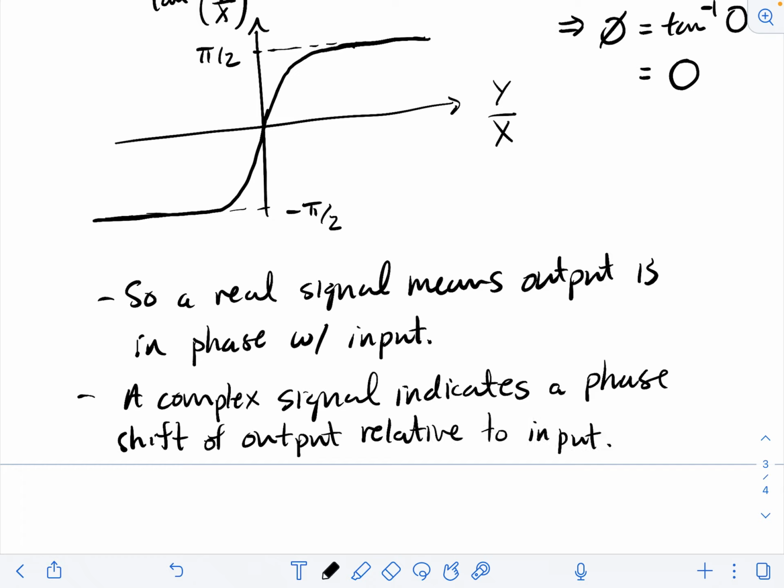Okay, so how does this tie into lock-in detection?